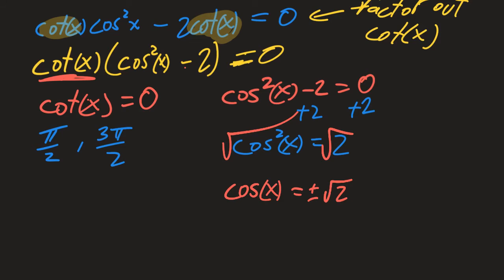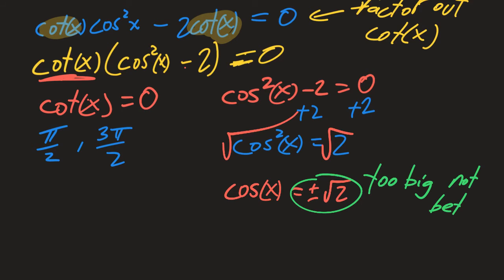And now we're thinking, hey, wait a minute. Is my cosine x going to be equal to plus or minus 2? Is that possible? No, that one actually doesn't give me any solutions. This number is too big, and it's not in the range for cosine because it is not between -1 and 1.